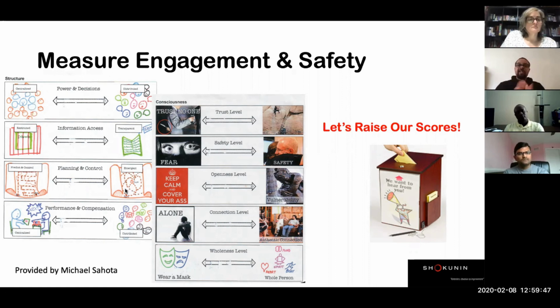In the 2 organizations where I've used this really heavily, I had to do it anonymously, which means I had to literally print these pieces of paper out, what you see on the left-hand side, ask folks to write what their scores are, and drop it into a box. I collected them, got the scores, and averaged them out across each of the different categories.